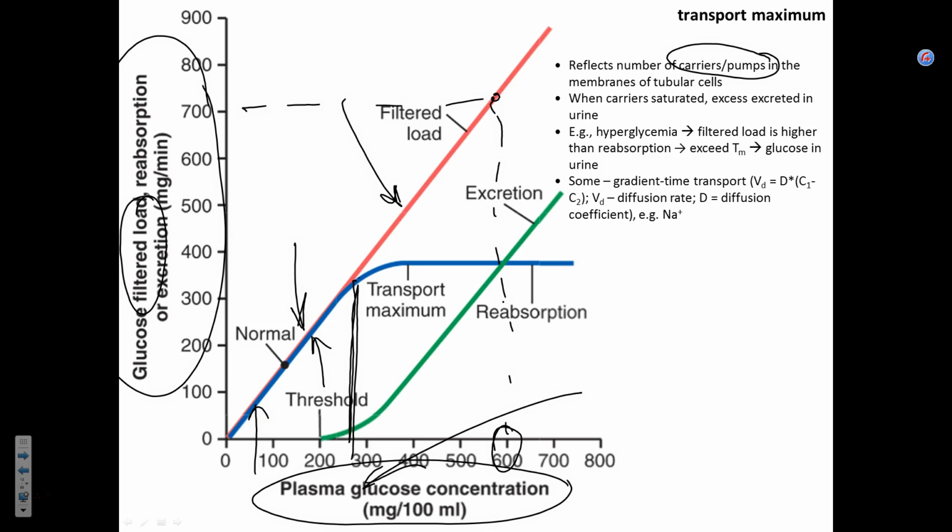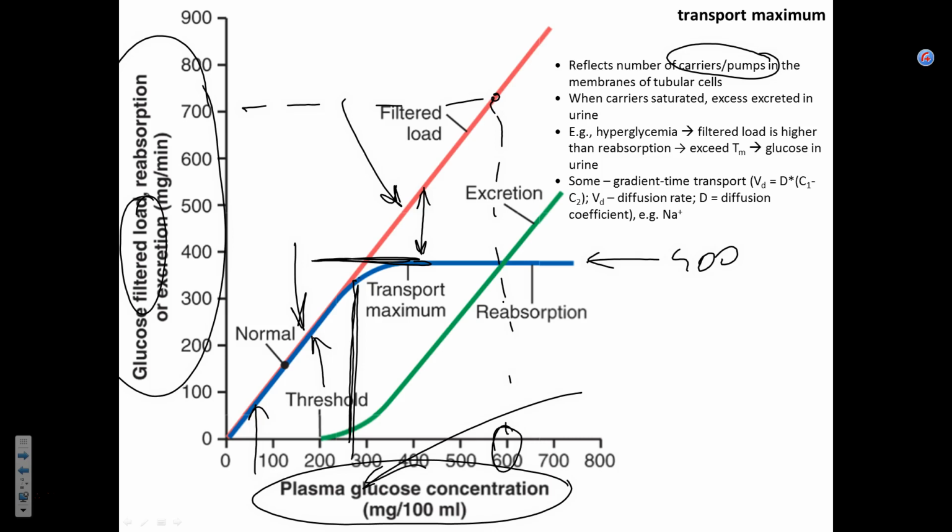At about 250, 300, the capacity to reabsorb glucose reaches its maximum. You cannot transport any more glucose back. But the amount of glucose in the filtrate far exceeds your reabsorption capacity. Does it make sense? So you will be reabsorbing about 400 milligrams per 100 ml glucose, and all the excess, where will it go?